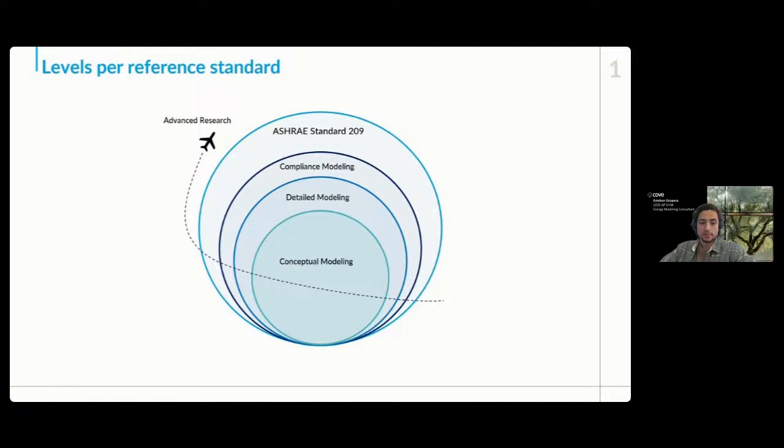Most often, product manufacturers are interested in some more detailed, more cutting edge level of modeling to prove their product works for a certain application, right? So we also have that, but this time we will talk mainly about the ASHRAE standard 209 levels.